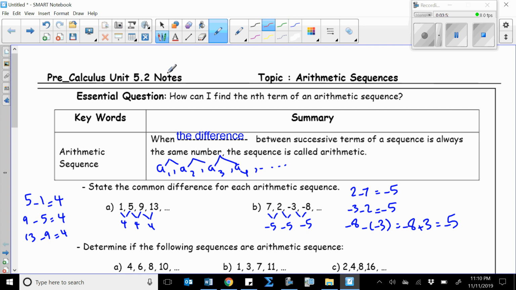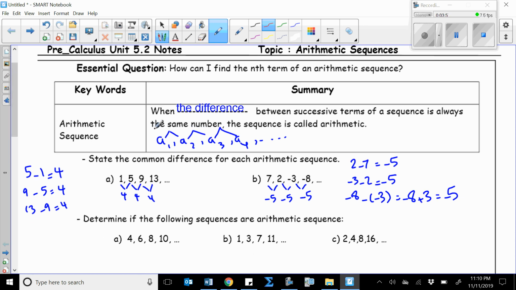Let's just have a quick check at what happens between the terms when we have an arithmetic sequence. In an arithmetic sequence, you consider the difference between terms, and in order to get the next term, you just need to add the difference to the previous one. Like in order to get 5, you just have to add 4 to 1. So 1 plus 4 is 5.